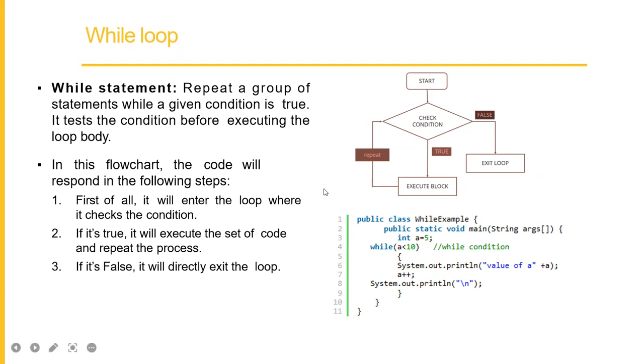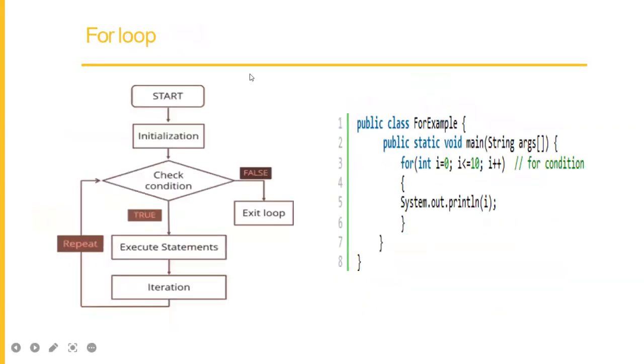Yes, sir. Fine. Now, one more important loop is for. I will come up with a practical example. First, let's understand these flow charts, how it works internally. In the for loop, first it will be initialized, then it will check the condition. If this condition is true, it executes the statement and iterates.